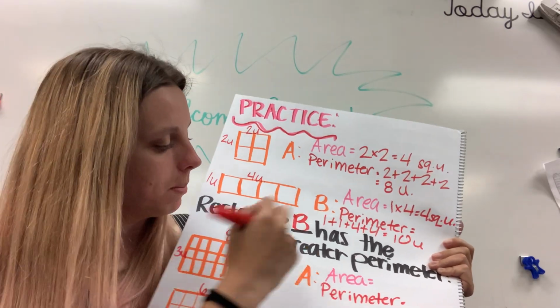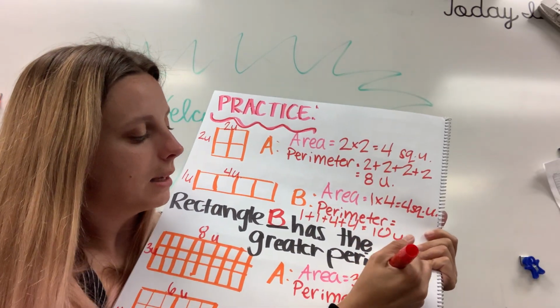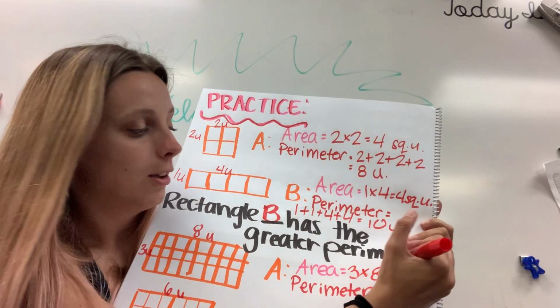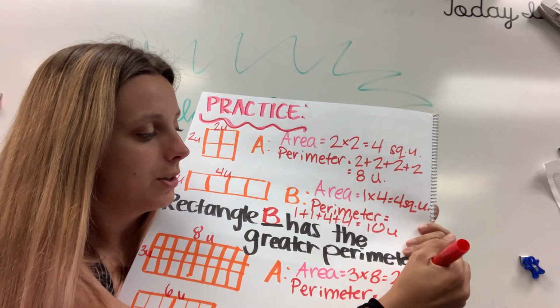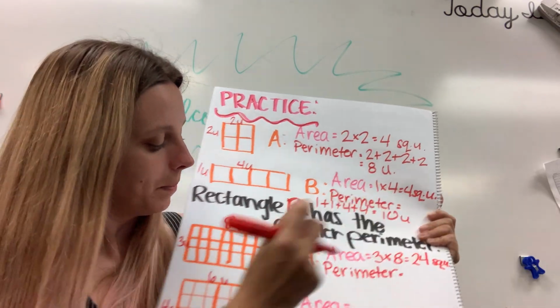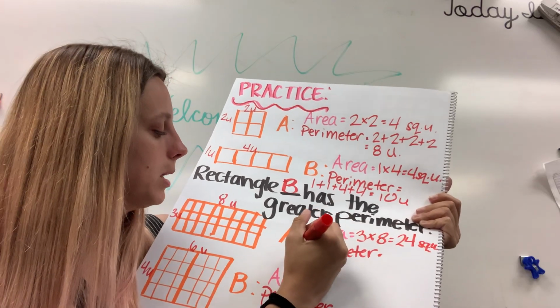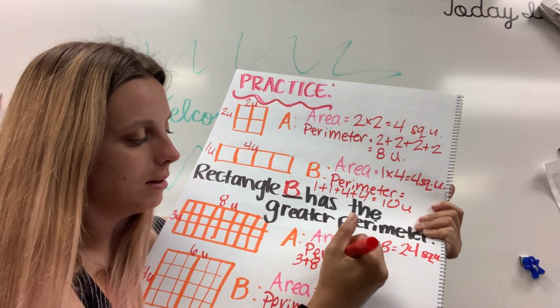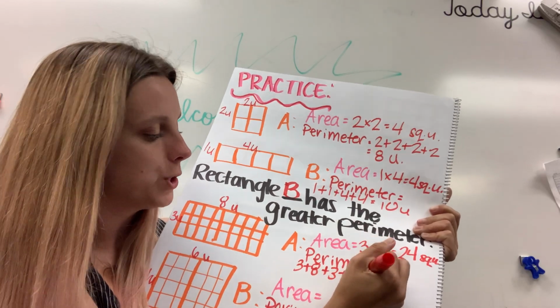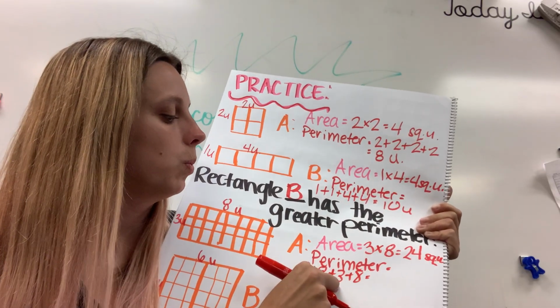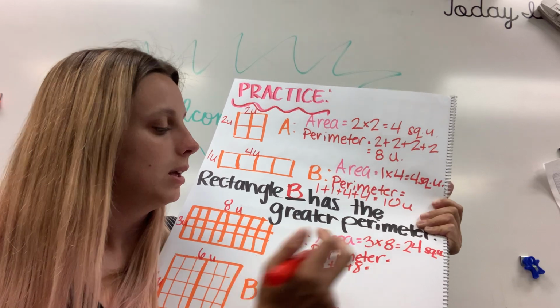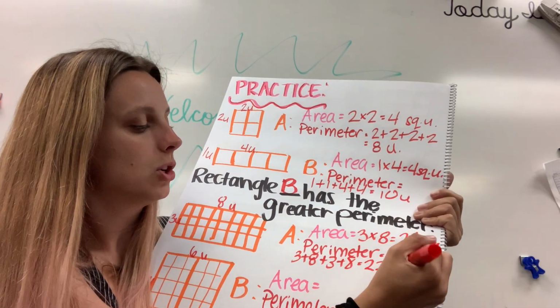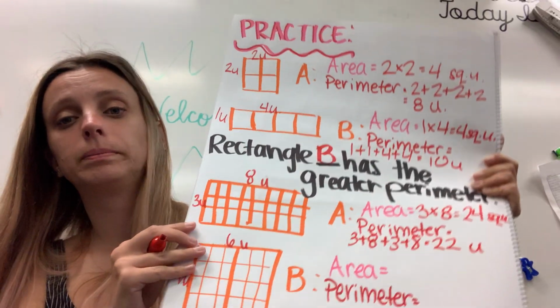My area here would be 3 times 8, which would be 24 square units, or units squared. And then my perimeter will be 3 plus 8 plus 3 plus 8, which is the same as saying 11 plus 11, which would be 22 units.